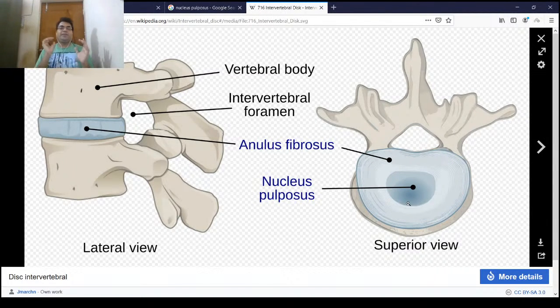So when there is too much pressure, suppose I am always like this, and due to my posture there is some kind of degenerative damage, the annulus fibrosus will be ruptured due to the pressure put by the disc in them, and that rupturing will do what? It will squeeze, like Amazon packages, when they get squeezed, the entire content comes out. So the entire content inside, that is the nucleus pulposus, will come out.